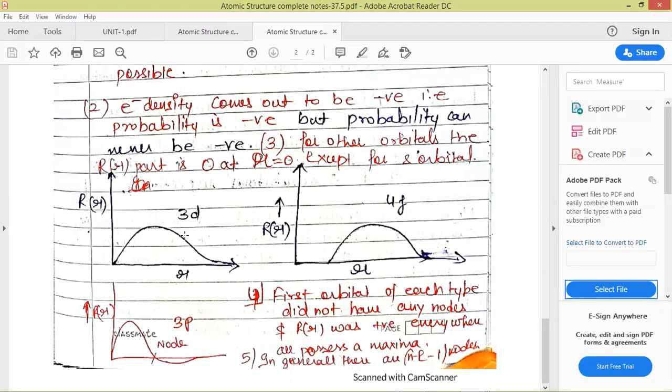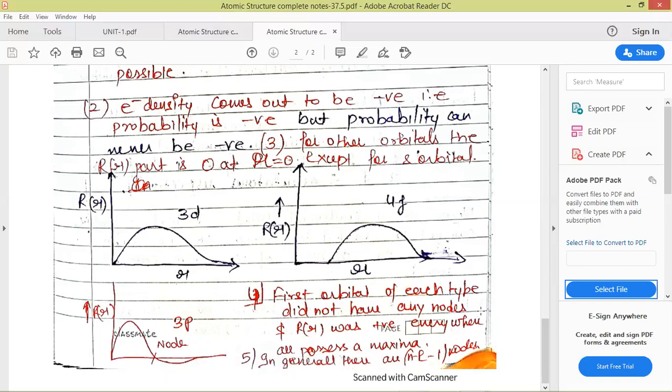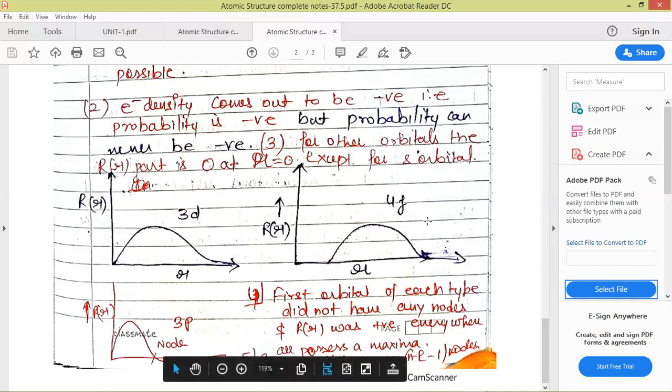So 2d orbital doesn't exist. So this is the first orbital of its type, and for f, 4f is the first orbital. Here this is a point to be noted that the first orbital of each type doesn't have any nodes, and the variation of capital R, that is the radial wave function, was positive everywhere and all possess a maxima.